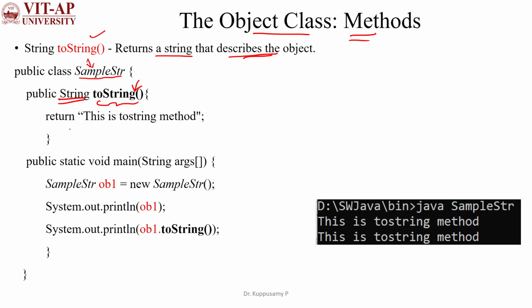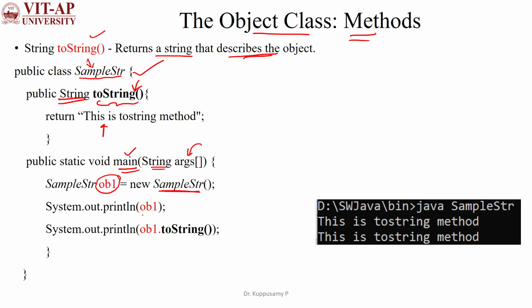The data type is string, and it just returns a statement. Inside that I define the main method, which takes command line arguments in the form of string data type. Then I create the object ob1 using the SampleStr class.